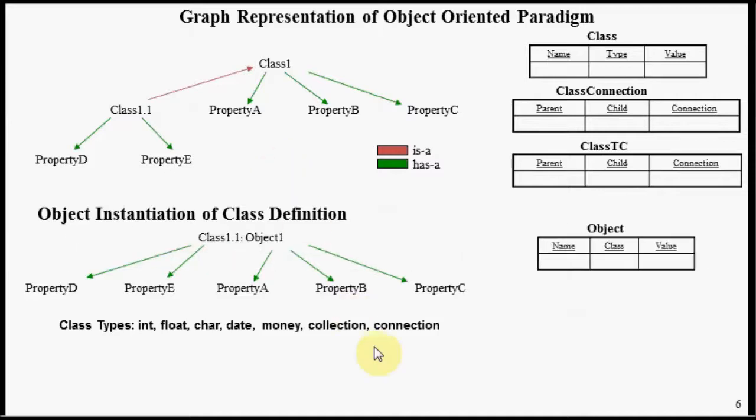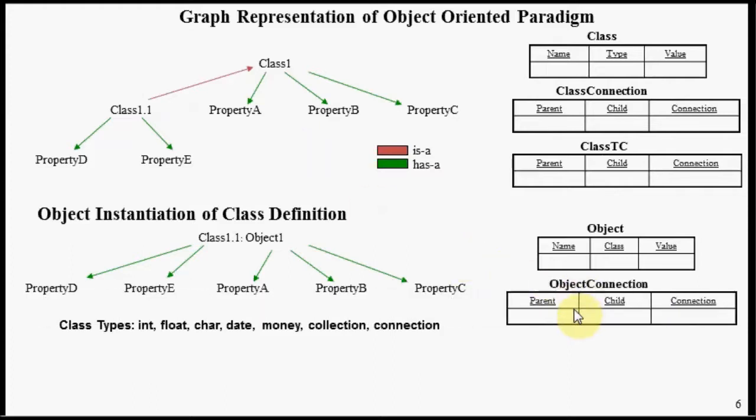Let's look at the tables needed to support our object graph. We have a table called object, which represents the nodes of our object graph. Again, it is basically a name-value pair with a class column representing the kind of class that we're instantiating, including the class properties.